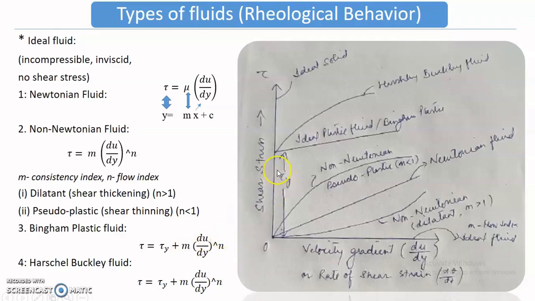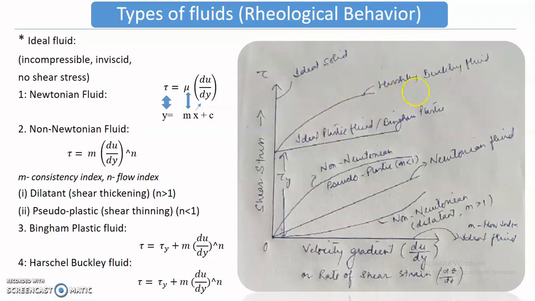Then what about the fourth one, the Herschel-Bulkley fluid? It also requires the same initial yield stress, but it behaves opposite to the Bingham plastic. Initial yield stress is required, then once the flow is initiated, it will not obey Newton's law of viscosity. Rather, it will flow like a non-Newtonian fluid, as you can see from the diagram.